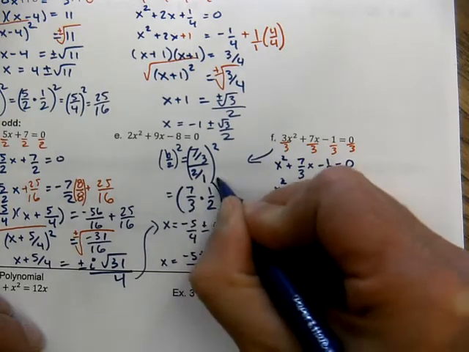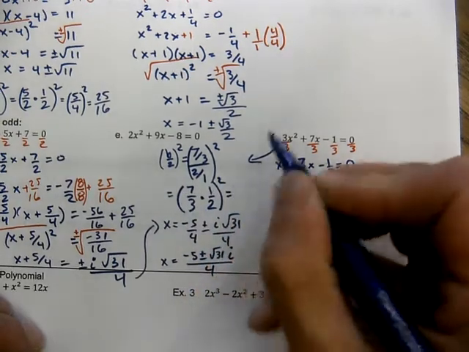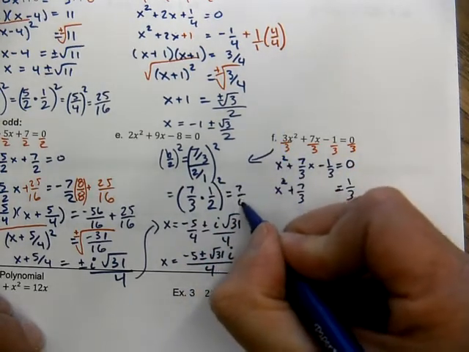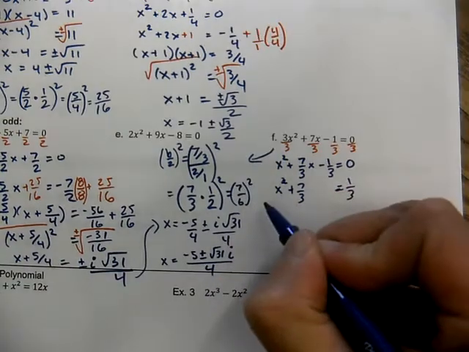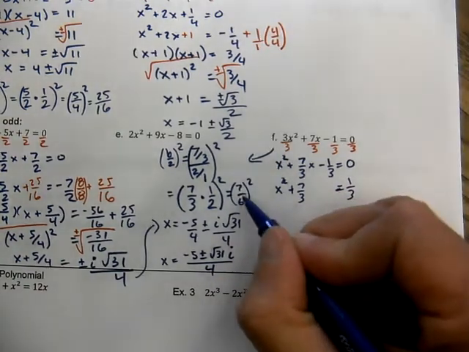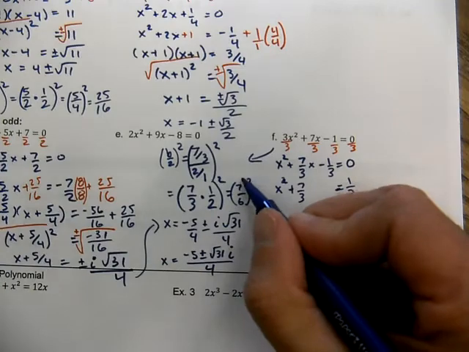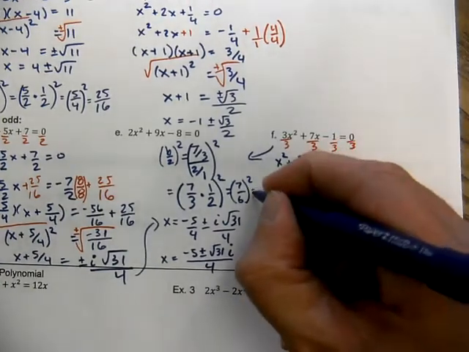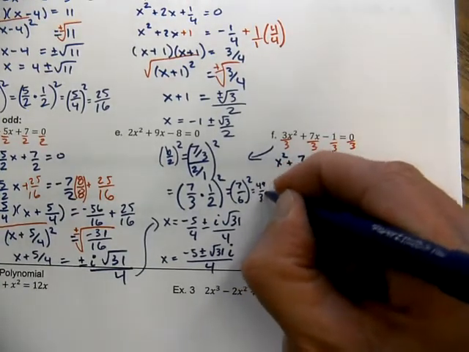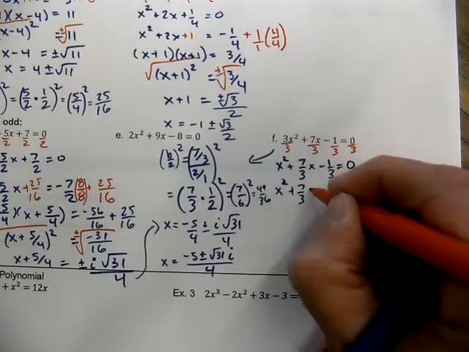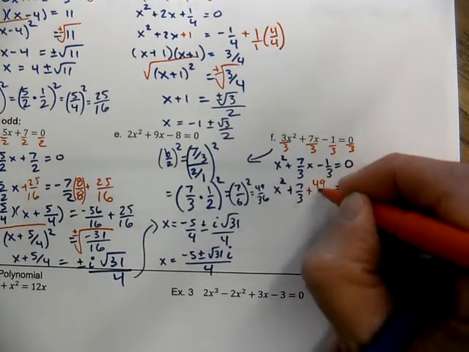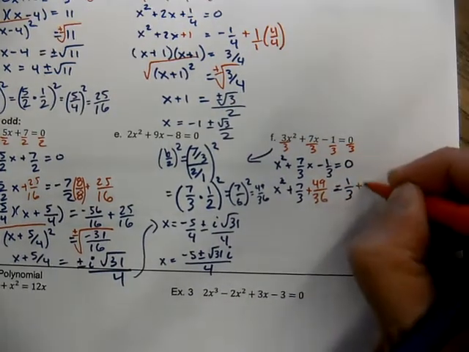So 7/3 times 1/2. So that will give me 7 over 6. We're going to square that number, and that's going to be the number that we add in. So it's going to be 49 over 36. All right, so that's the number we want. So we're going to add in 49 over 36.